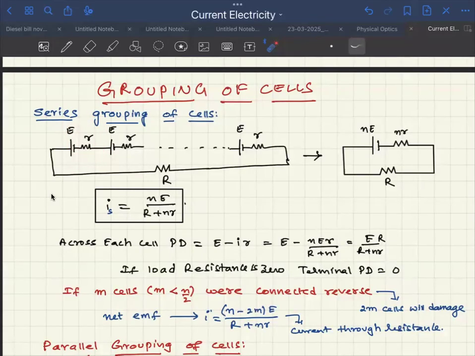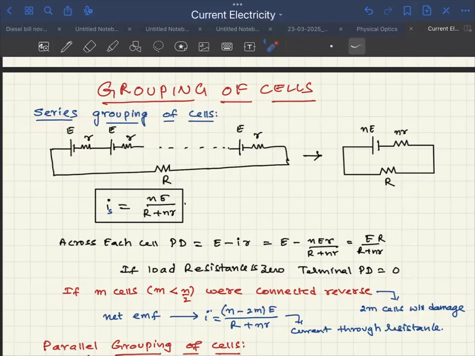Right. Now for such a series connection, the entire series belt you will represent as nE. Why? All are in order. Similarly, each part is in series. The same current passes through all these internal resistances.